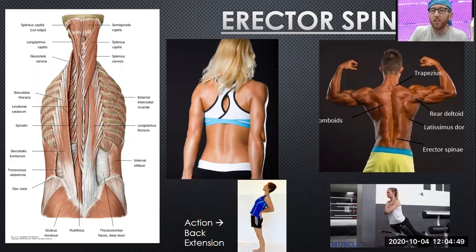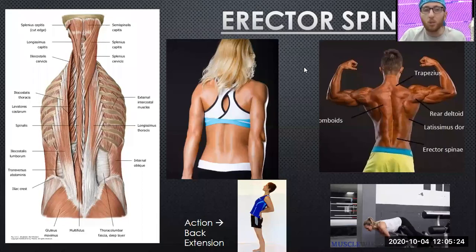I want you to note that if the anterior muscles flex, the posterior muscles will extend. Just like the anterior part of your arm, your biceps, flexes, and the posterior part of your arm, your triceps, extends. That is a very common relationship that will help you in memorizing these muscles.